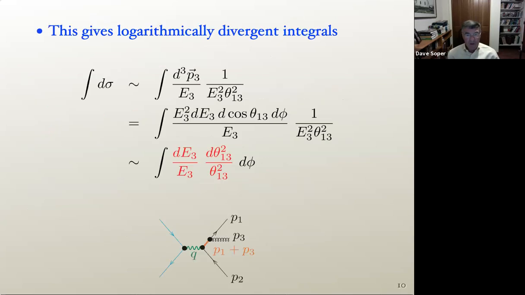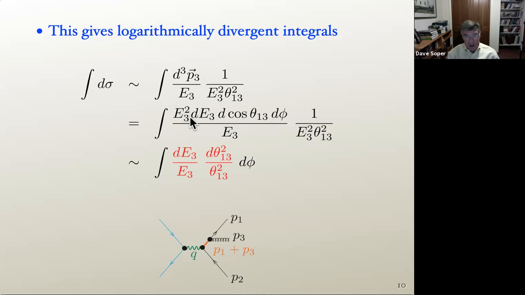And then what happens if you integrate that? So I integrate the covariant integration over P3, which is d3P3 over E3, and 1 over E3 squared and theta 1,3 squared. And d3P3, if I write that out, I have a d cosine theta 1,3 and E3 squared dE3.